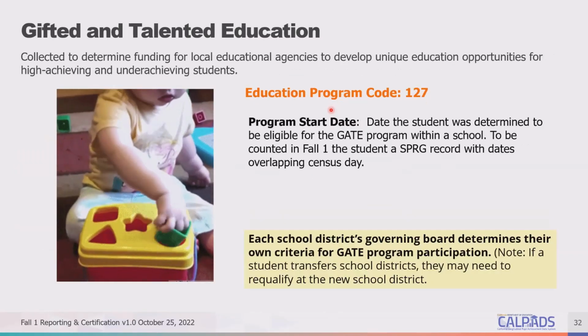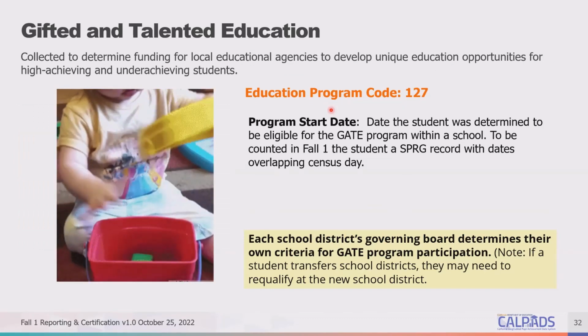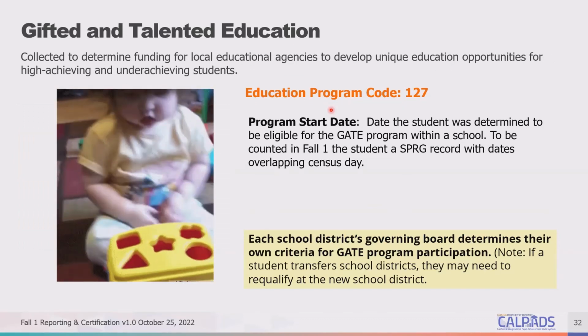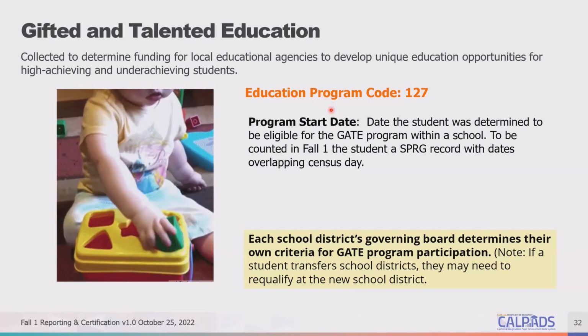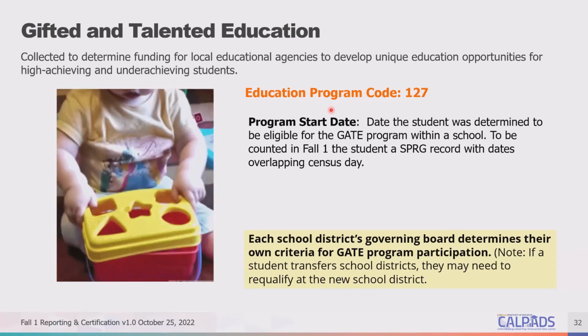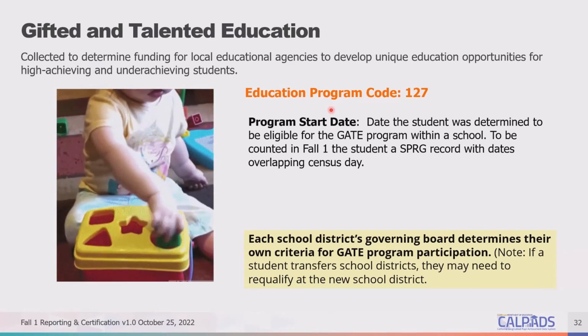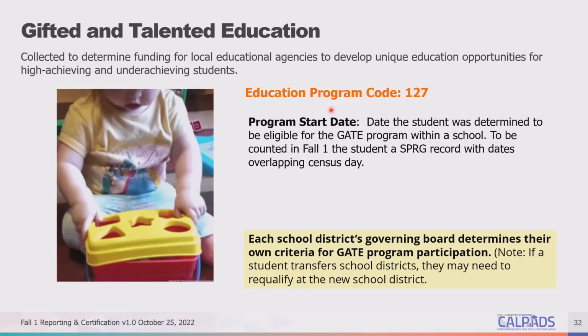And then we have our gifted and talented students. So takeaway here, if the student is in the GATE program, you report them to CalPEDS. Now, if a student is participating in another district and moves to yours, that doesn't mean they automatically qualify.